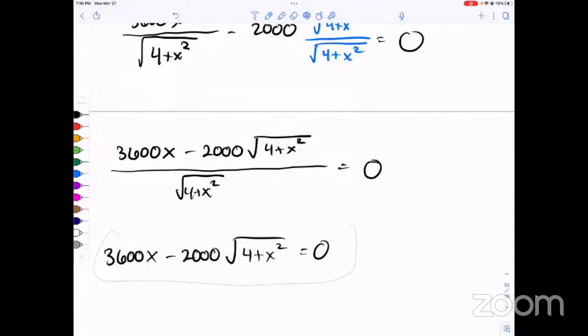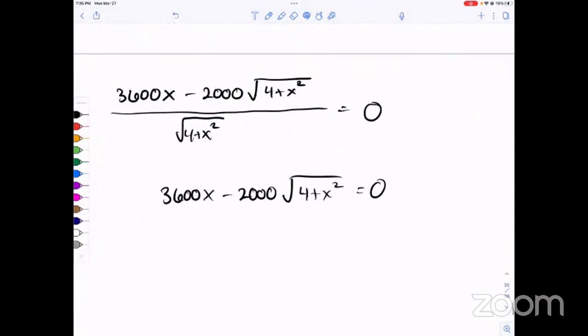Usually when you're solving for a square root function, you have to isolate the square root. So I'm going to add that 2,000 square root and divide both sides by 2,000 as well. I'm isolating the square root.